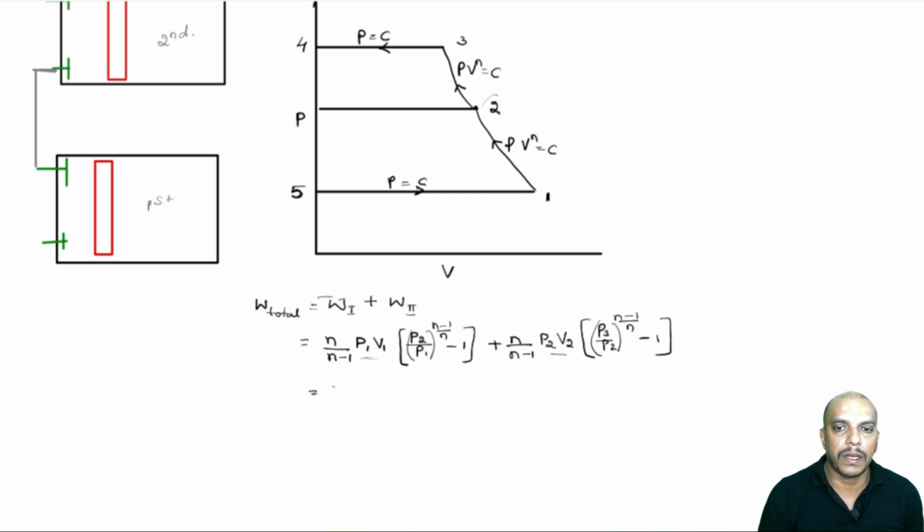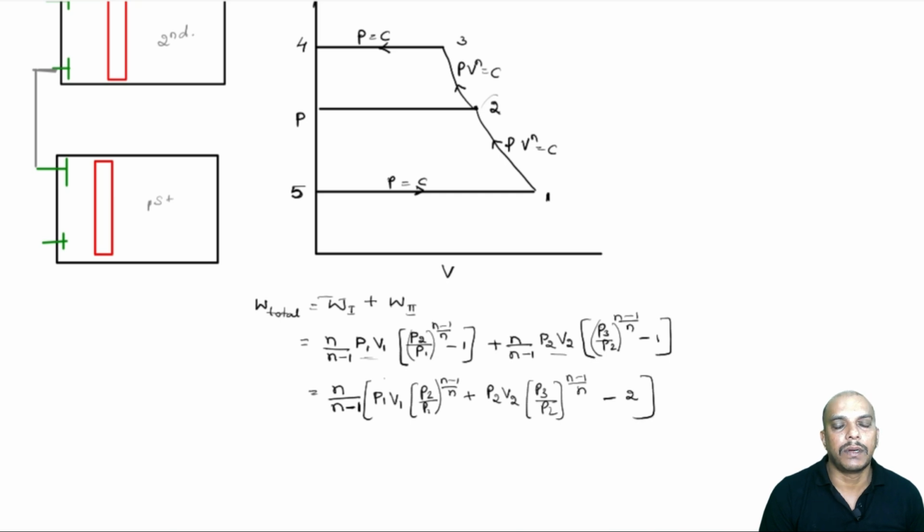We can take n/(n-1) common, P1 V1 [(P2/P1)^((n-1)/n)] and similarly we can write P2 V2 [(P3/P2)^((n-1)/n)], and this minus 1 we can write it like minus 2. So this is for two-stage compression.